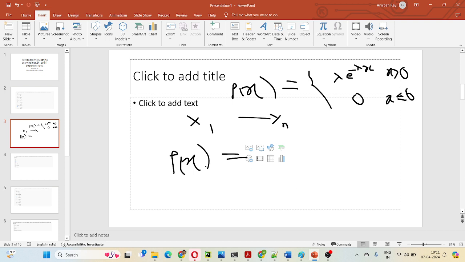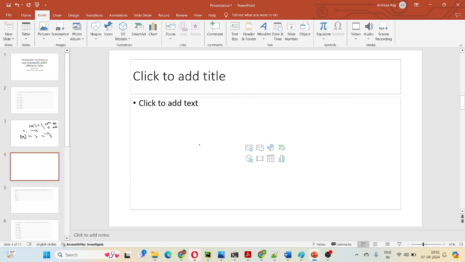For each xt, it can be written as lambda e to the power minus lambda xt. Now the likelihood is the product over all these values, for t from 1 to n.